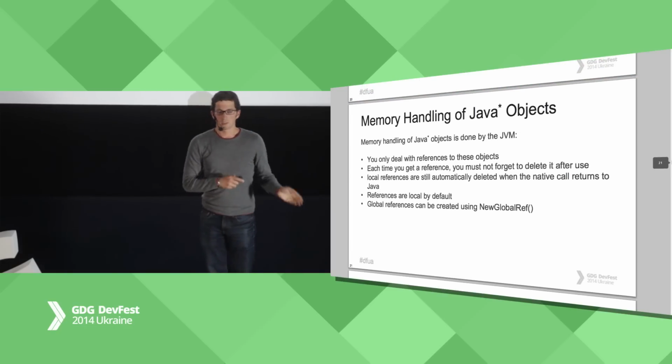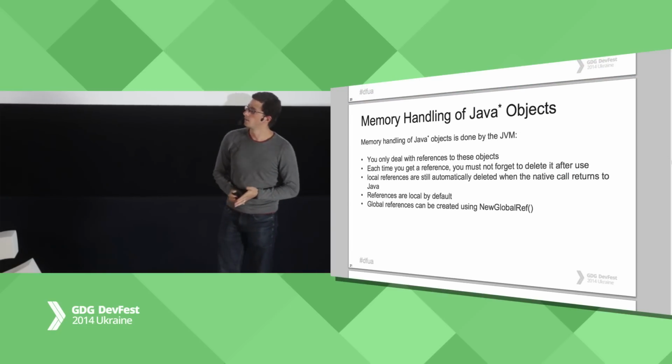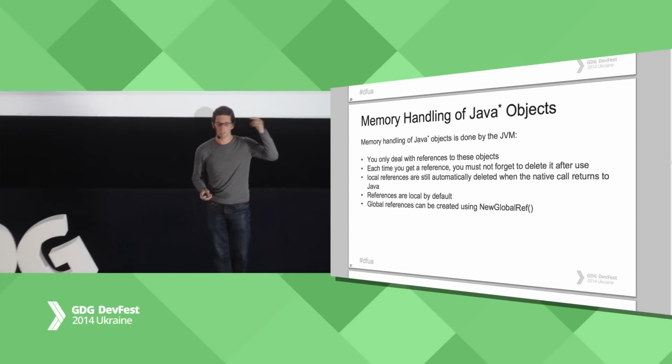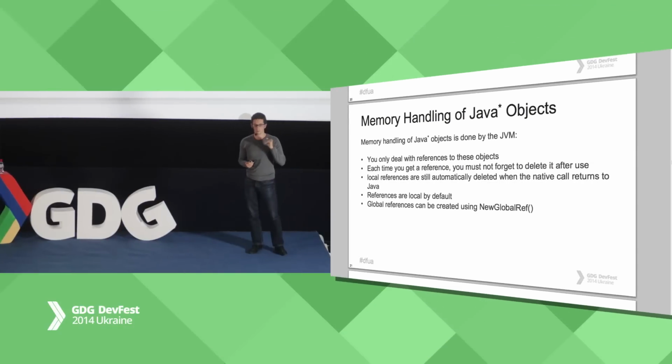So there are some limits regarding the number of objects you can handle from the Java side. And sometimes it can be as low as 16. So if you've got a big loop and you instantiate new strings all the time, each time you call new on the JNI environment, you get a local reference to the object. And all these local references are counted.